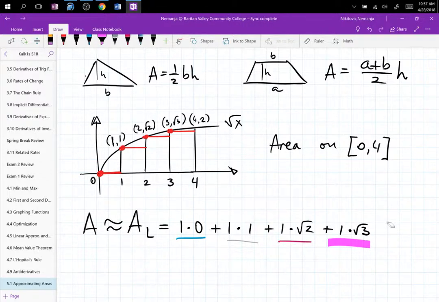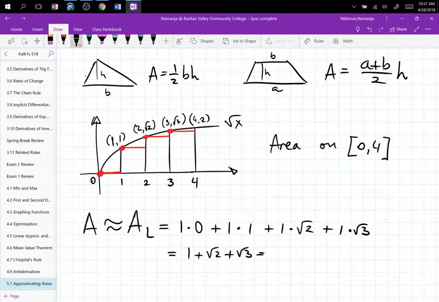So I'm going to remove all these arrows and these things. So what do I have to do over here? I just have 0 plus 1 plus root 2 plus root 3. And we have 4.15.